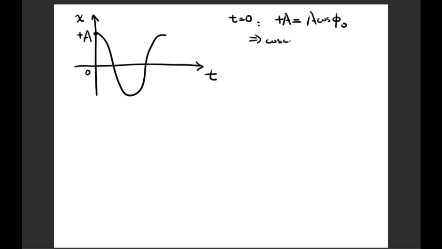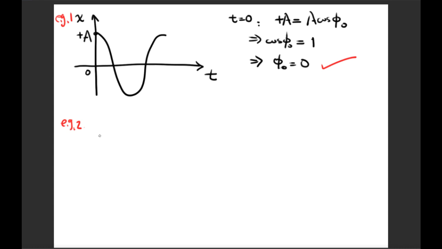So cosine phi naught equals 1. The solution here is unique between 0 and 2 pi, which is 0, right? 0 degree or 0 radian. That's the initial phase. So we already determined this example. That's example number 1. By the way, in this case, you don't need the velocity information, because the velocity is 0 at this point, so there's no positive or negative to talk about.